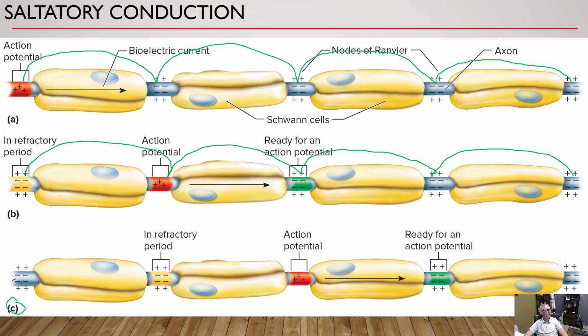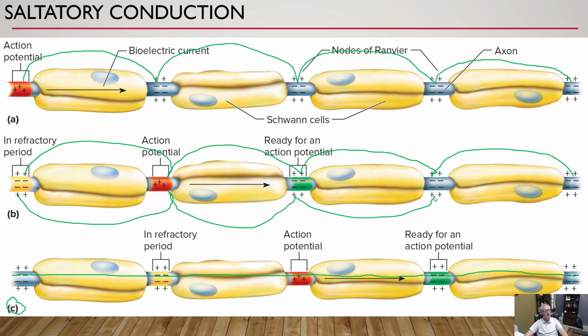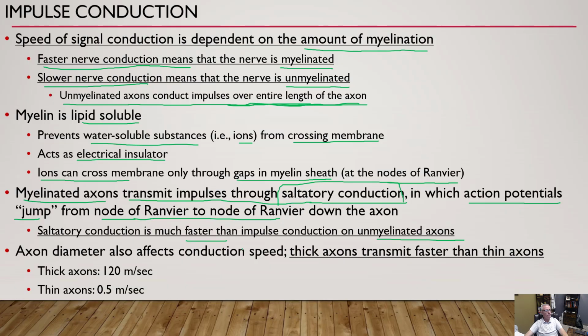Then the electrical impulse would have to travel down the entire length of the axon in order to get from point A to point B. So with myelin, that impulse jumps from node of Ranvier to node of Ranvier, increasing that impulse conduction time.